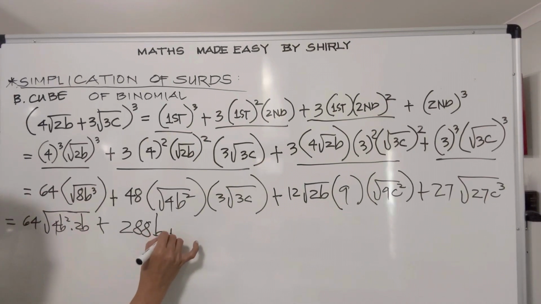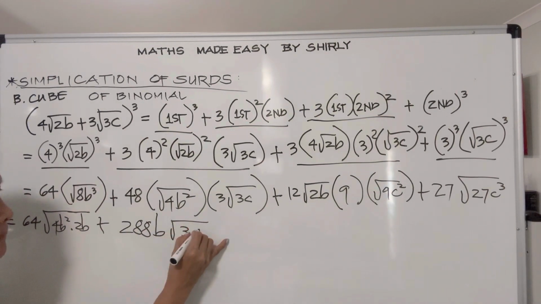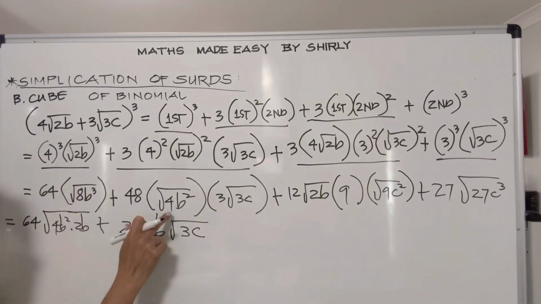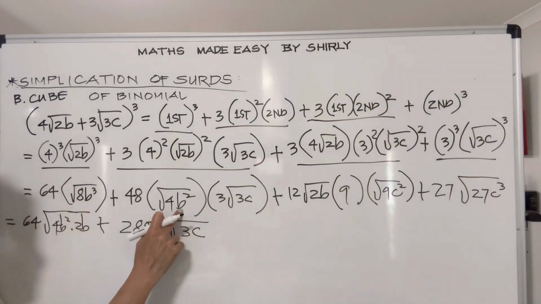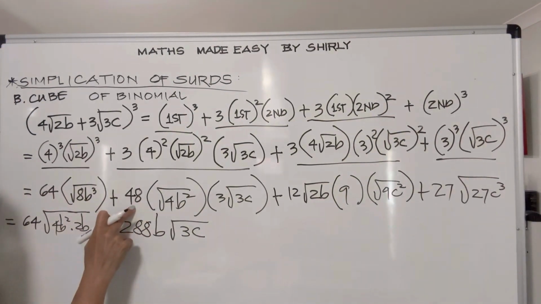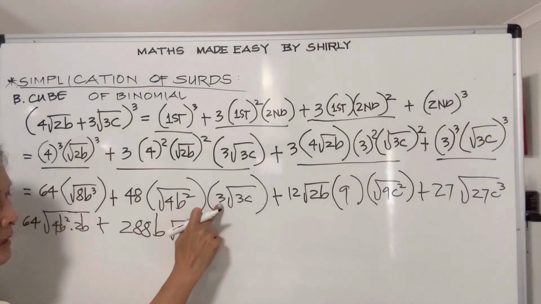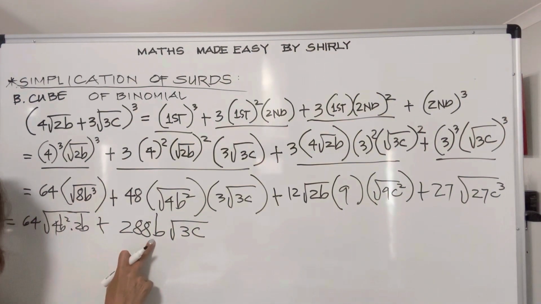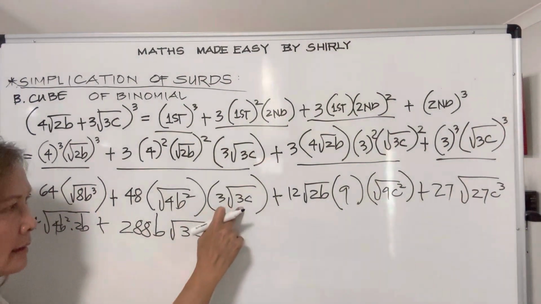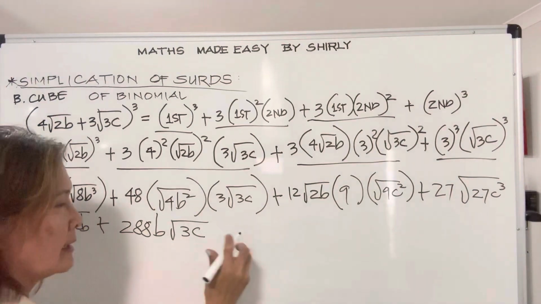B is square root of 3c. Again, square root of 4b squared is 2b times 48 is 96b times 3, that is 288b, square root of 3c.